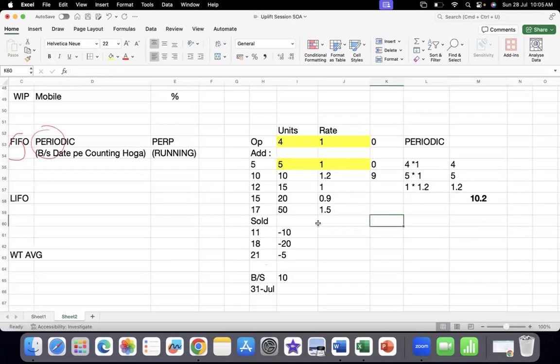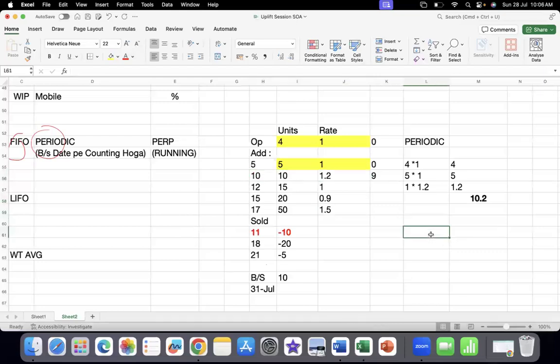What if it is a LIFO method? You will have to just make sure that it is in the reverse order. Reverse order as in from 11th, you will have to calculate the reverse order. So on 11th, you sold 10 units. That means all the 10 units should be valued at 1.2, because that's the only balance which is available with you.